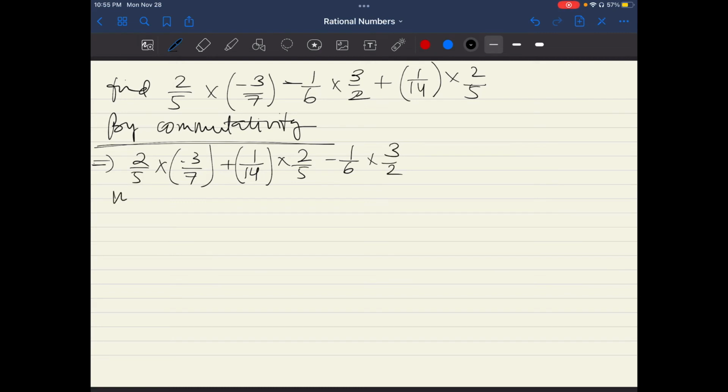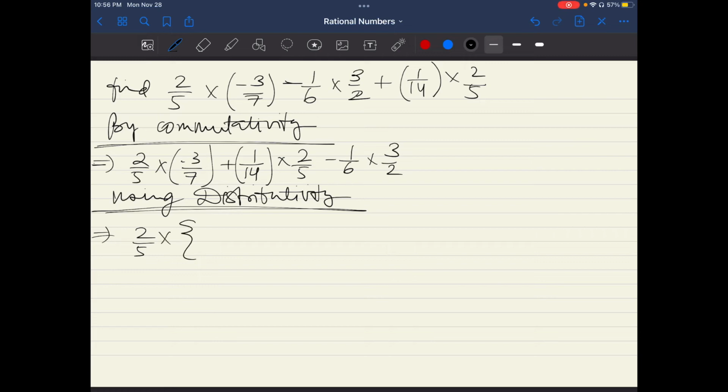And now, using distributivity, or the distributive property, we can say that 2 over 5 multiplied by (minus 3 over 7 plus 1 over 14) and then minus 1 over 6 times 3 over 2.